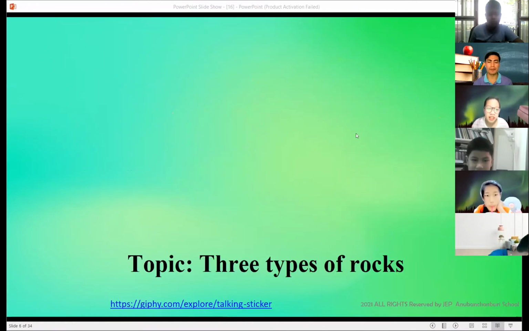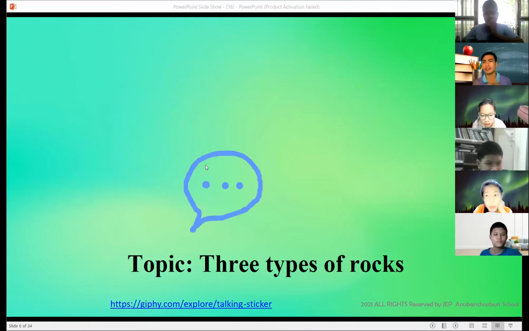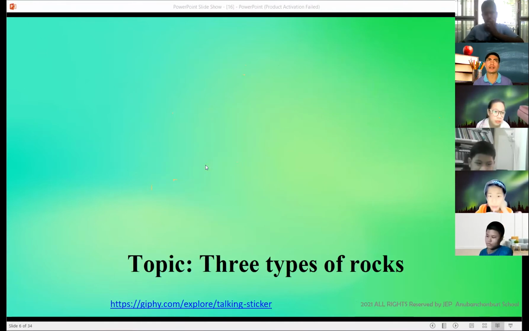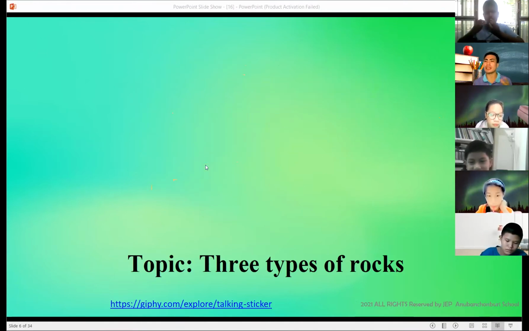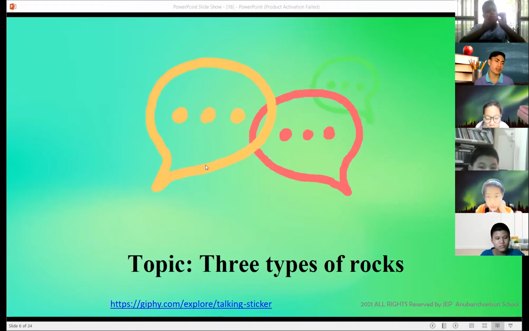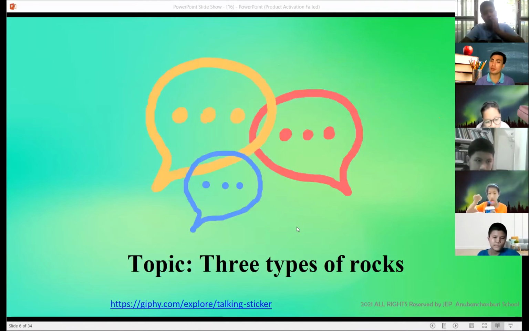Okay, so here are the three types of rocks. Basically what we're going to study today is how we can differentiate different types of rocks. There are three, right? Since we studied them already, this afternoon you are going to share what you learned about the three types of rocks.